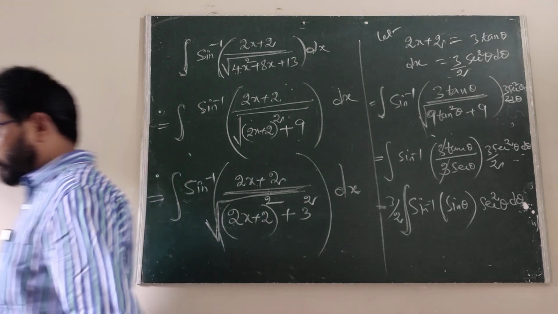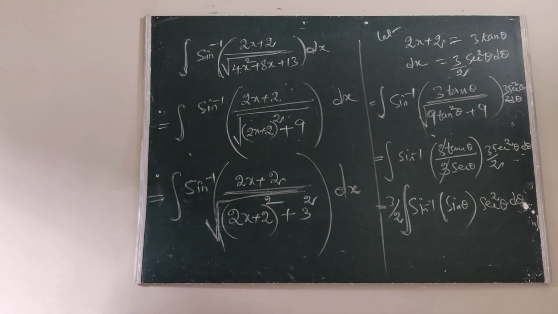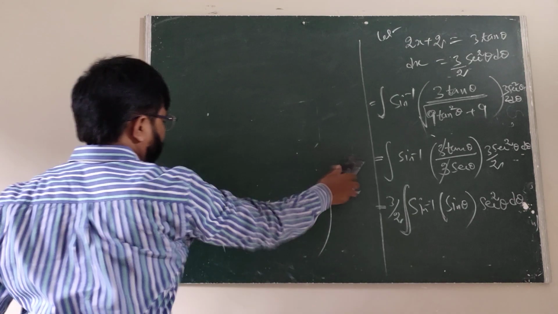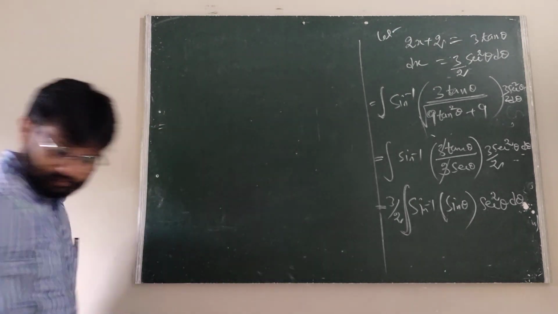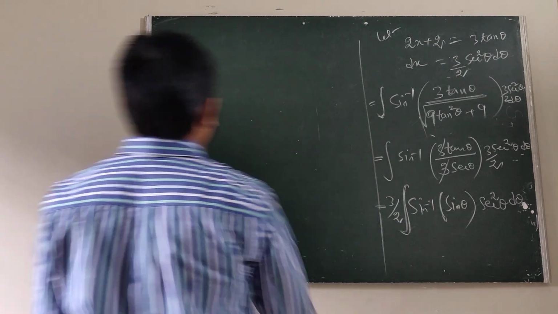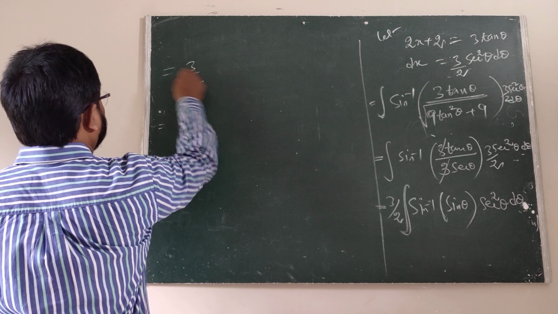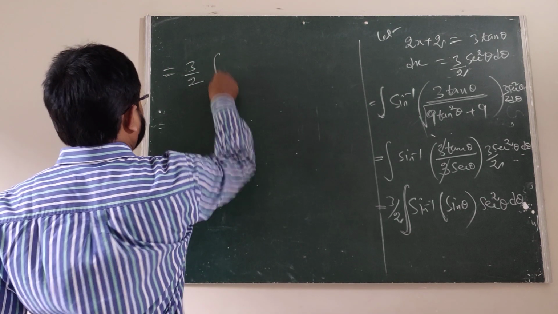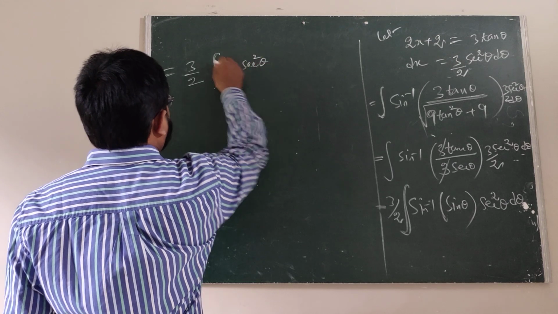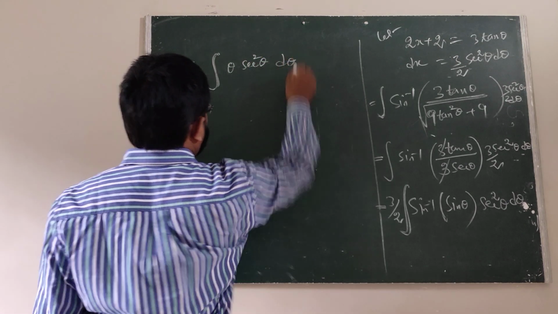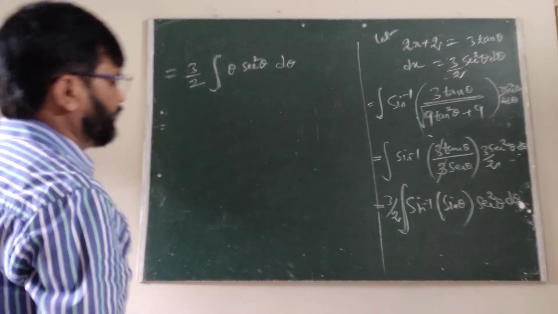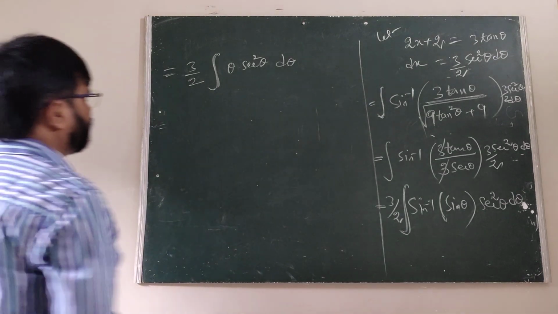Therefore 3 by 2 integral of theta into secant square theta d theta.